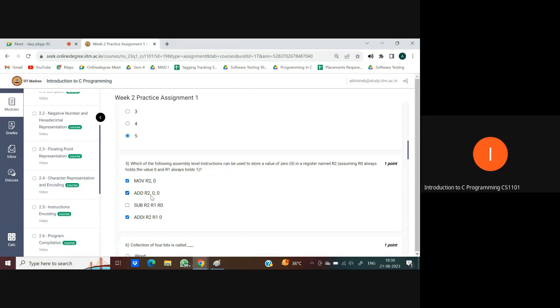For example, in add, we used two immediate values, 0 and 0. Here we are taking 1 as the immediate value. So what is the value of R1? R1 is 1, and we are adding it with 0. So 1 plus 0 will become 1, and you are storing 1 in the final register, R2, which is also not correct. So only the first two options are correct, where we are able to store 0 in the R2 register. I hope this is okay.